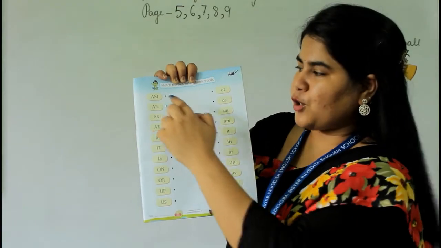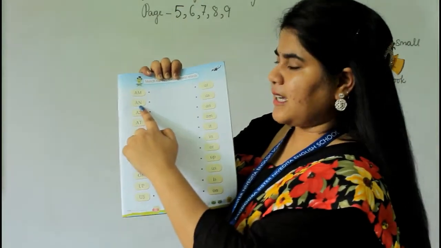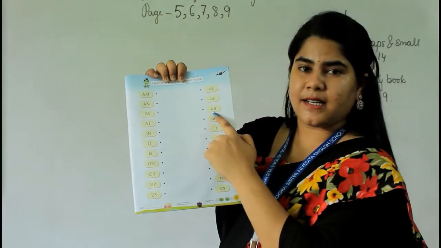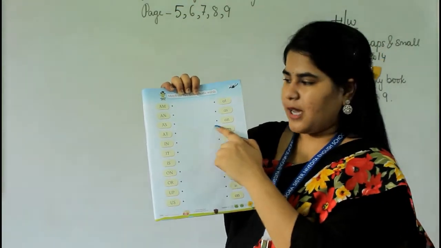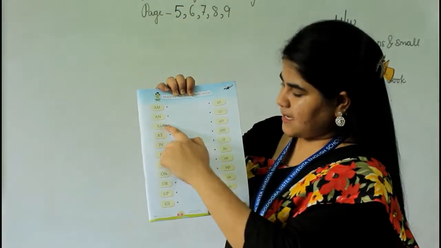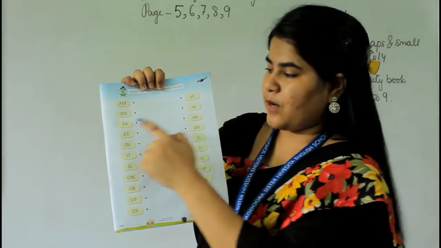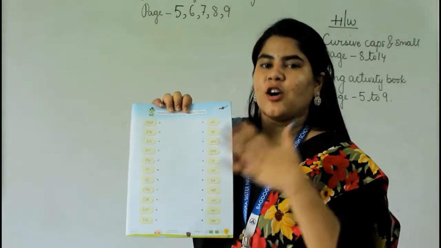It's here. So you will match from here to there. Second one, AN. It is written in capital letter A and N. Now where is it in small letter? It's here. A and N. So you will match this, okay? Similarly, AS, where it is written in small letter, it's here in the second one. So you are going to match this. Okay. In this way, you are going to complete all this.